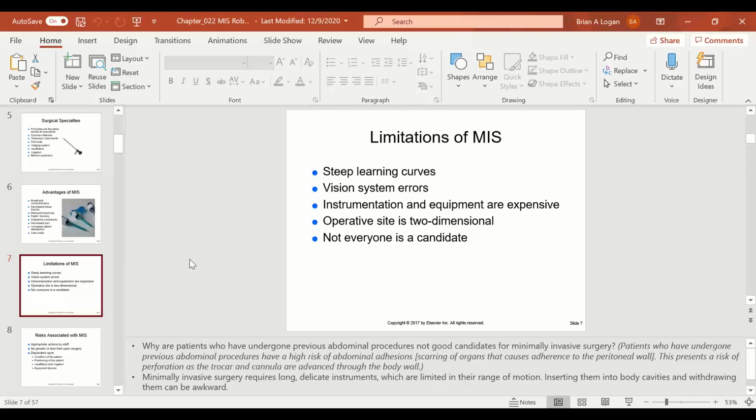As opposed to the old school surgeons, like when I first started, laparoscopic surgery was still kind of in its infancy. So you didn't have a whole lot of people who knew how to do it. And sometimes it's kind of counterintuitive.